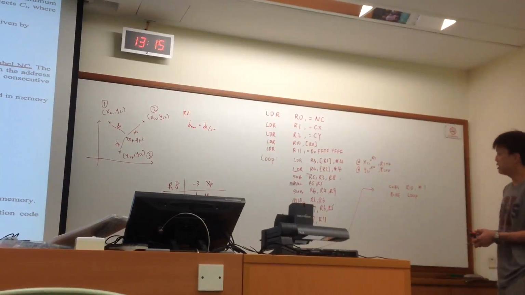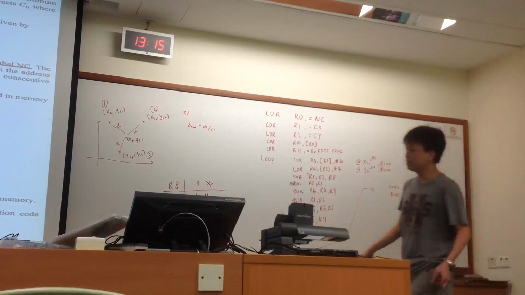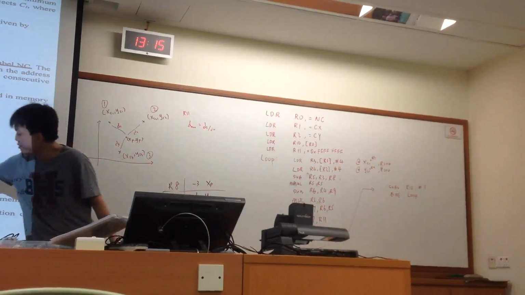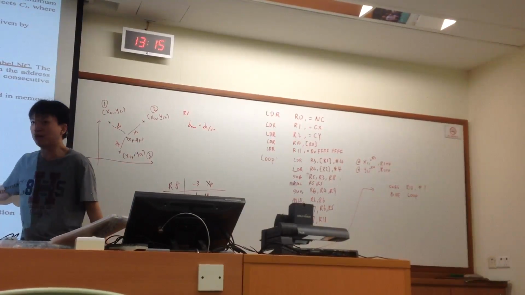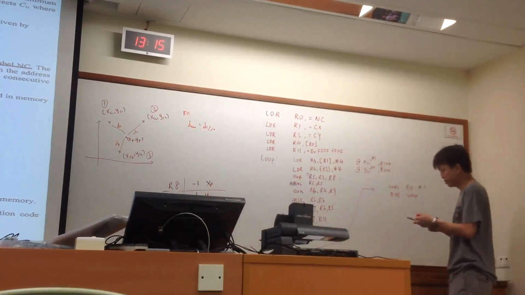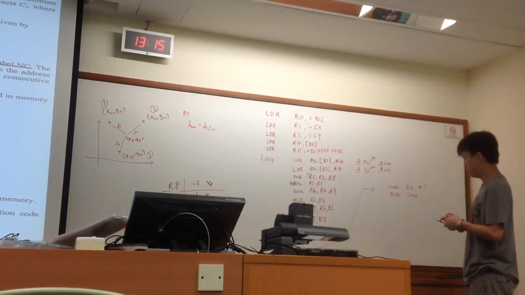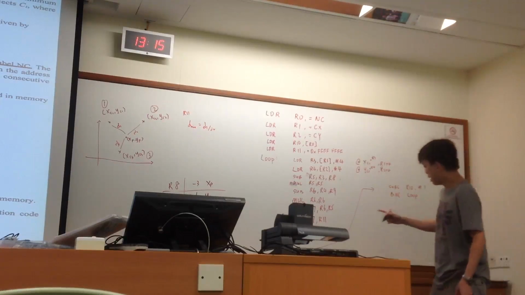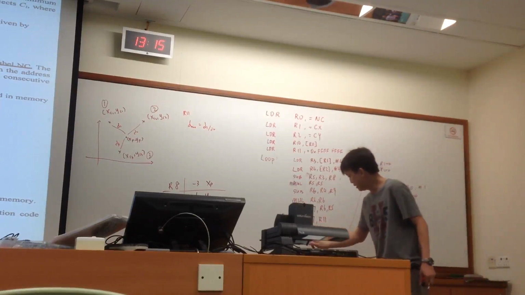I think this may not be enough because this is not the end yet. Because the nearest result is the number of the object, so I need one more register.